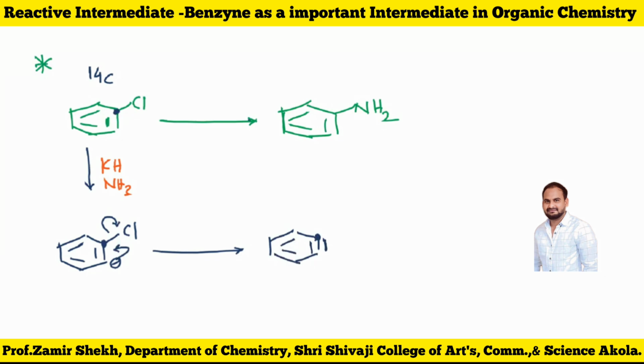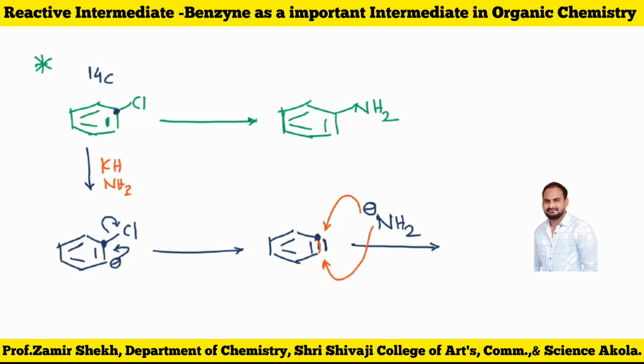Later on, I am going to add the nucleophile, NH2 negative, as a nucleophile. Now, in this benzyne, both carbons are symmetrical because it is a simple benzyne. So there is a chance of NH2 being added here and also NH2 being added here.